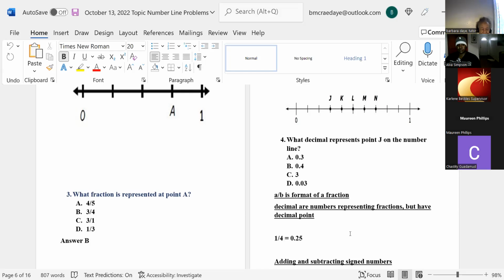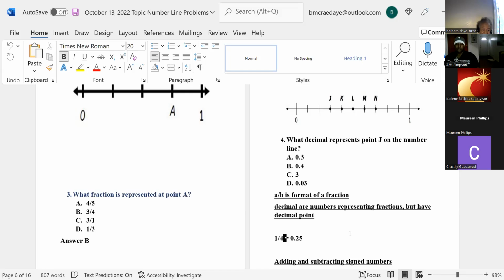And if you had 20 cents, what part is that of a dollar, Maureen? What fraction? I can't remember. No, you know.